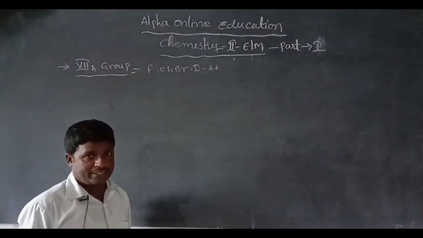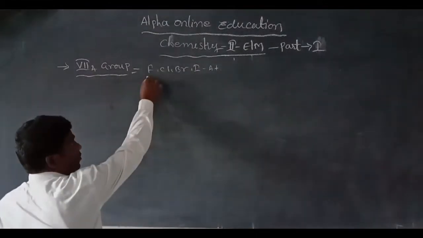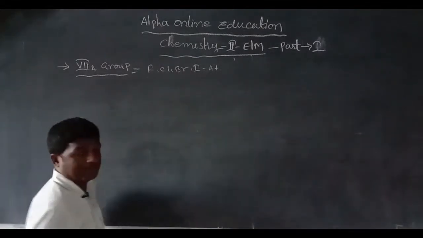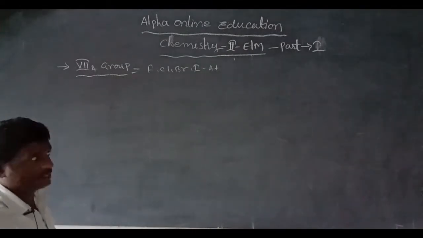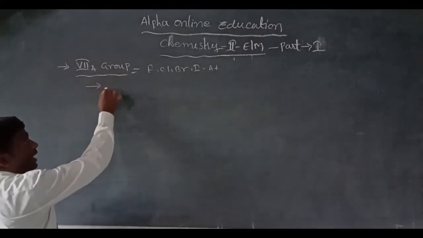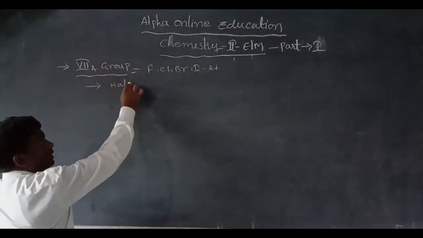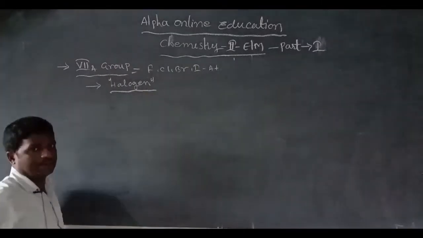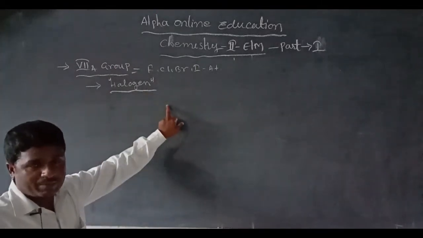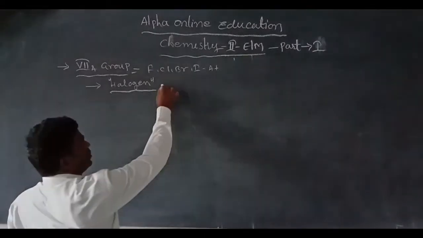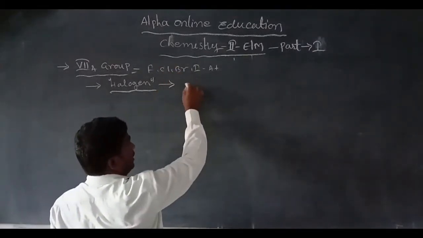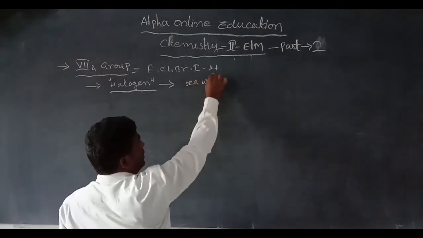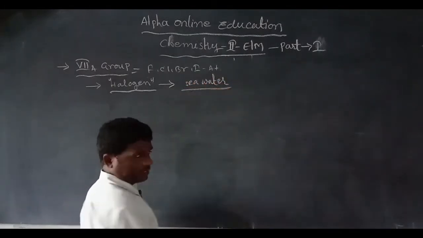They are also called halogens because these elements are produced from sea water. Sea water is the salts producer.